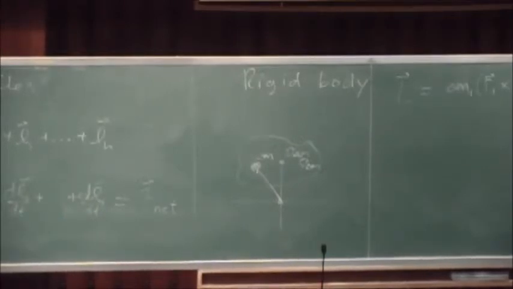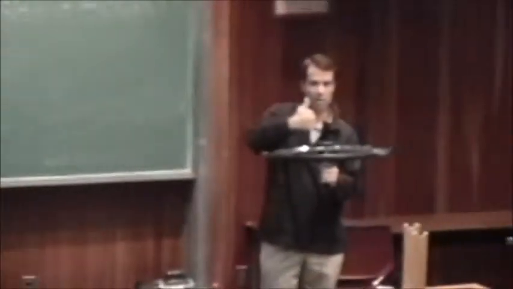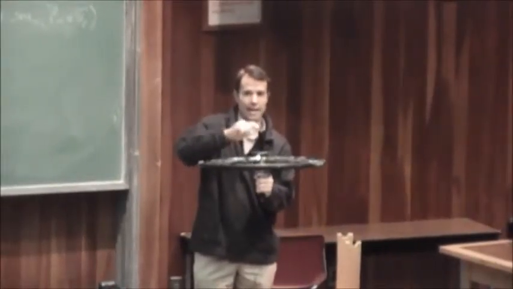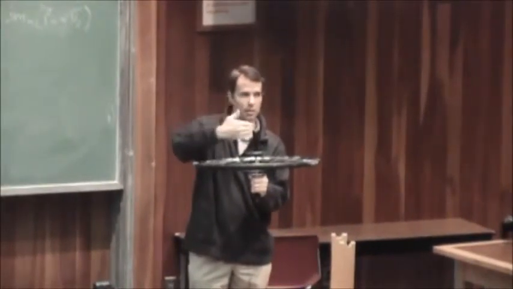So R cross V is up like this, right? Now, if I go to another point on this tire, R cross V is up. If I go to another point on this tire, R cross V is up. In other words, they're all adding in the same direction.